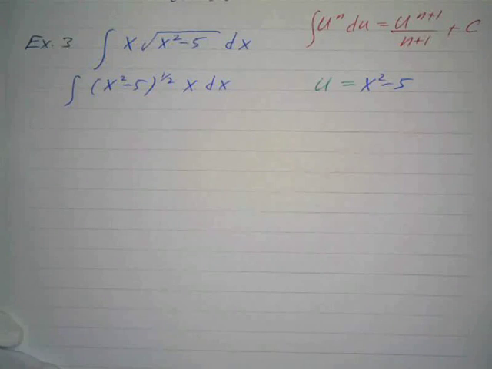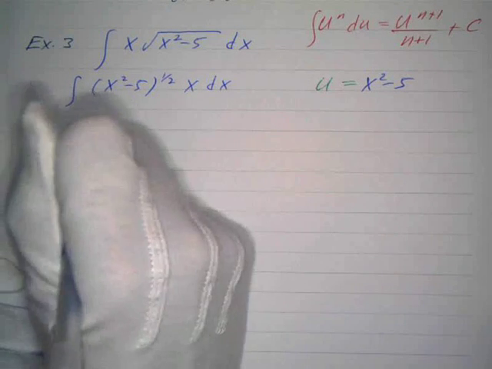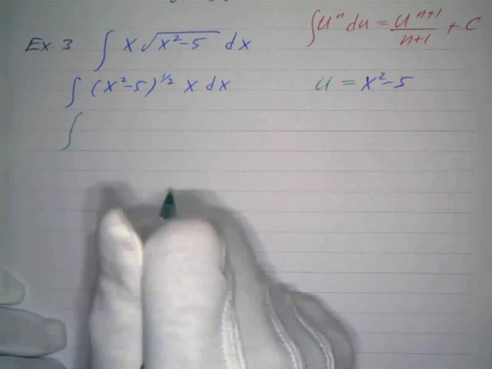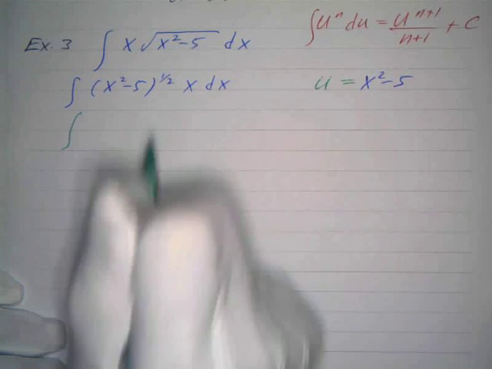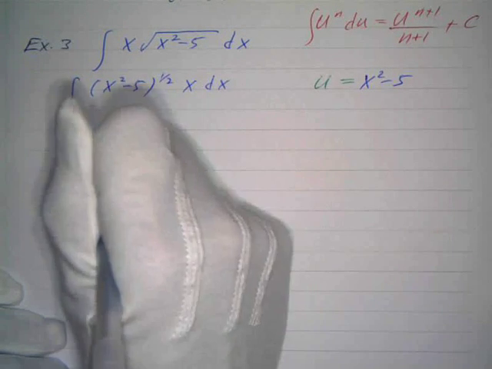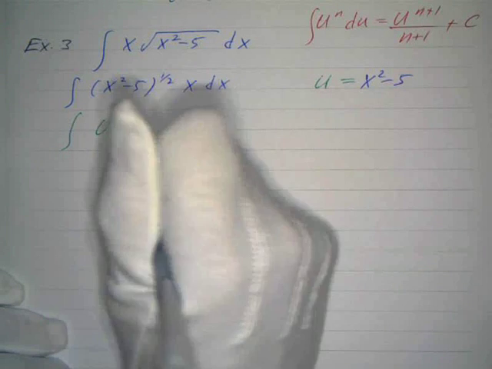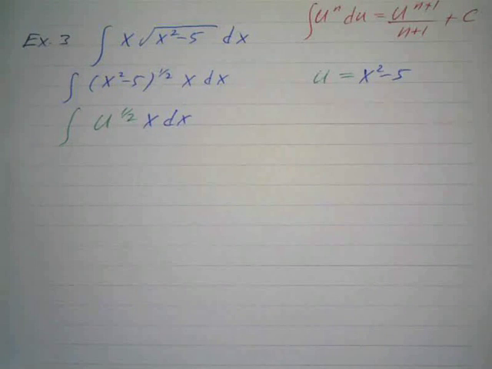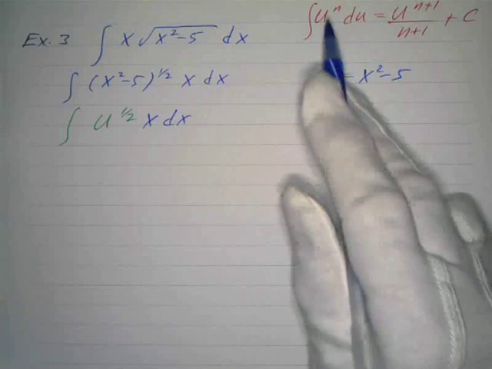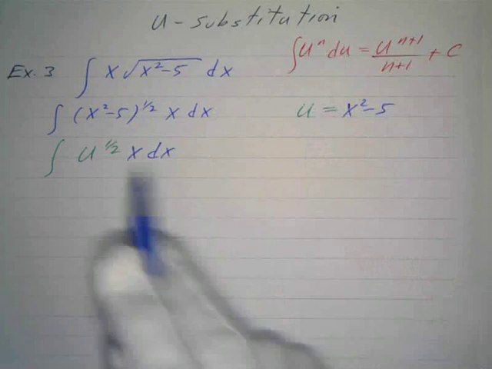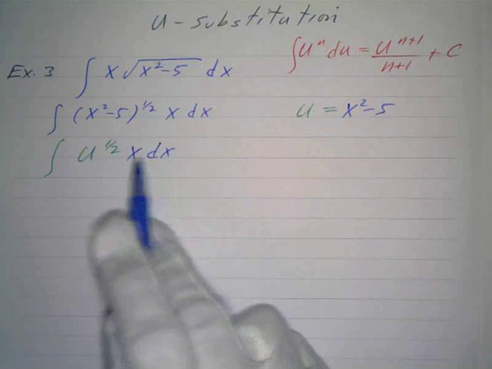So now I can just substitute in, and I have the integral of, instead of writing x squared minus 5, I can just write u to the 1/2. But I still have the x dx. We want to get this to be u to the n du, but here we have u to the n dx plus other stuff.